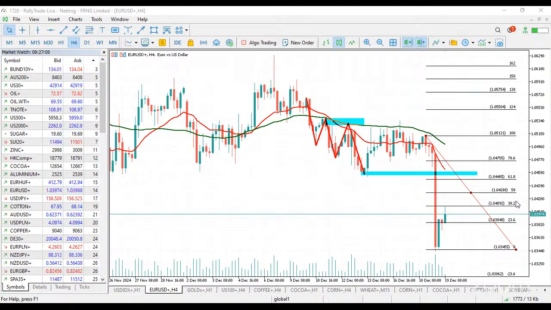Premium price is what big players, who are not chasing the market but hunting it, normally wait for. Premium prices are usually from 50% and above. So you have two options: either you go with 38.2% or you go with a premium price.